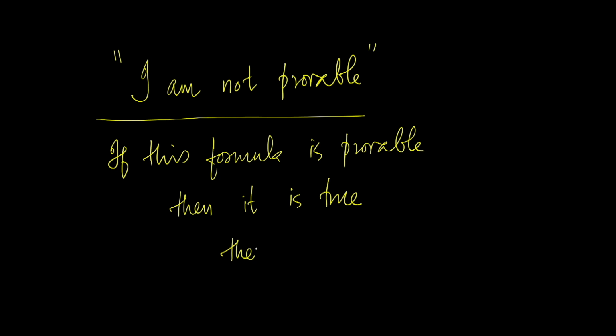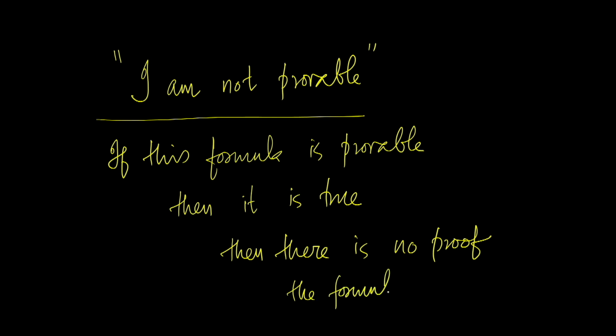Then there is no proof, or in other words, the formula is not provable. Which is a contradiction. If this formula is provable, then it is false, but it cannot be false because anything that is provable has to be true by the soundness of the system. Therefore, we have a contradiction.